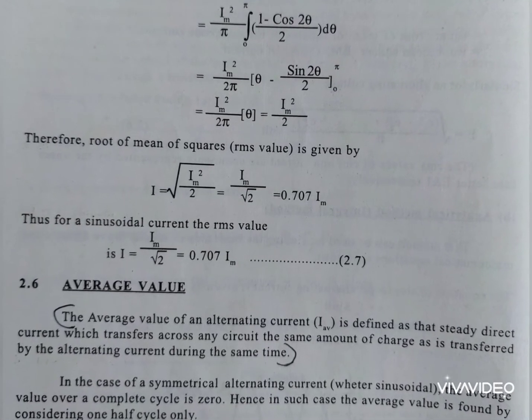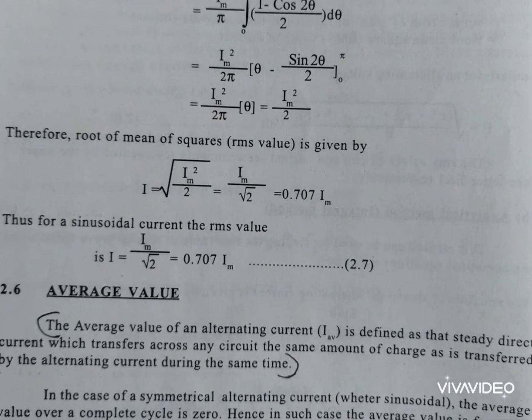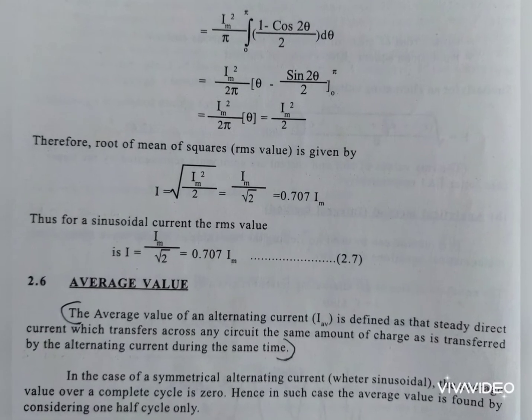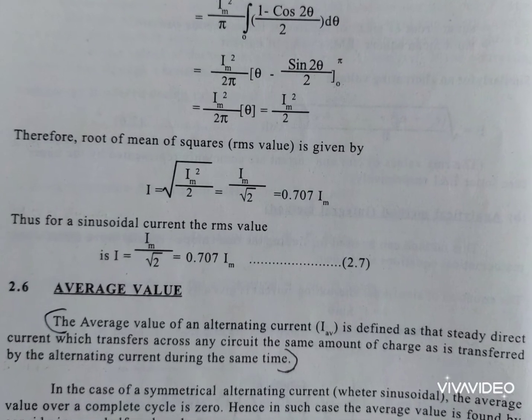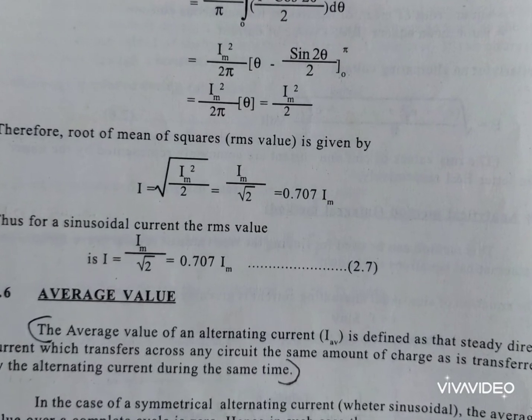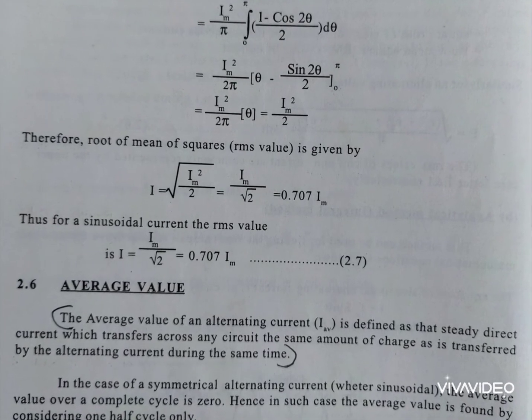This is the RMS value of a sinusoidal current. It is a 3-mark question, so you just have to write the definition of RMS value and the value for the sinusoidal current.